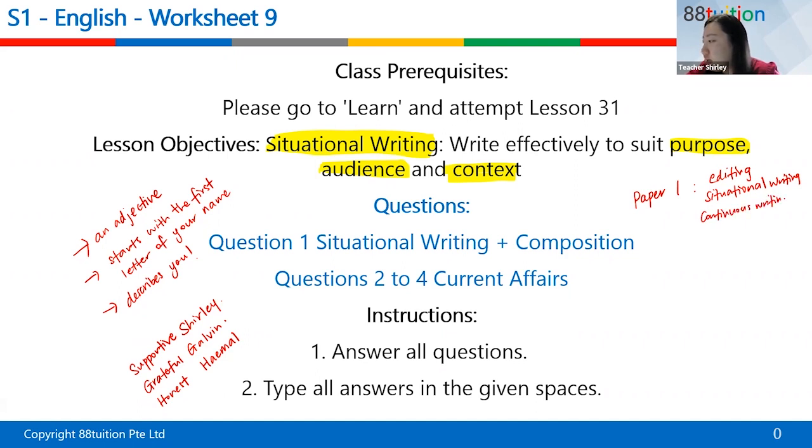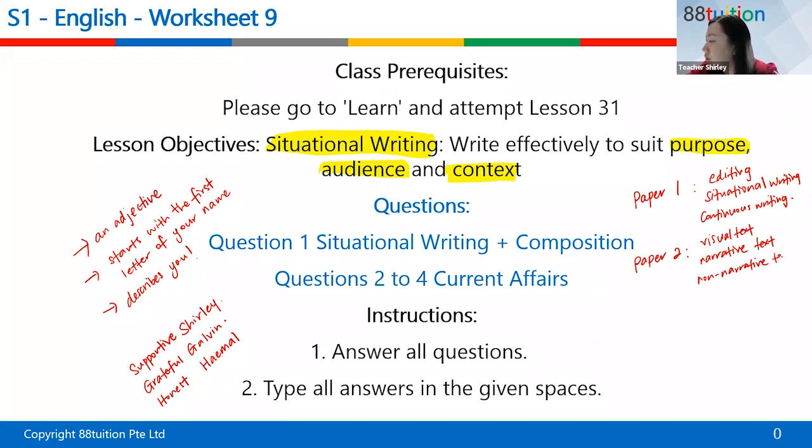Some schools might start with writing first, some schools might start with comprehension first. Paper 2, you have 3 texts. The first one, Section A, is your visual text. Section B is your narrative text.